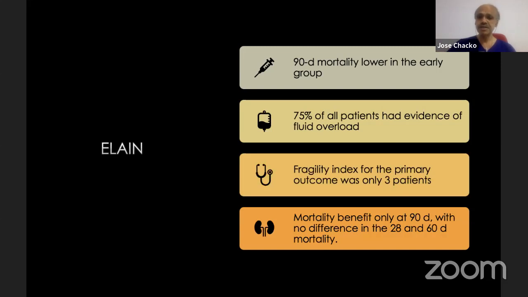And in the ELAIN study, if 3 patients in one of the arms had a different outcome, the study would have become non-significant. So that is not a very robust study, because if you just change the outcomes in 3 patients, the study would become null, or there will be no significance in the outcome.